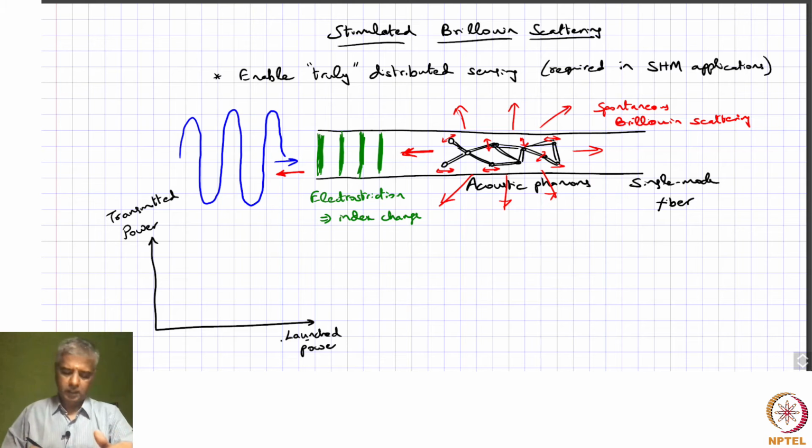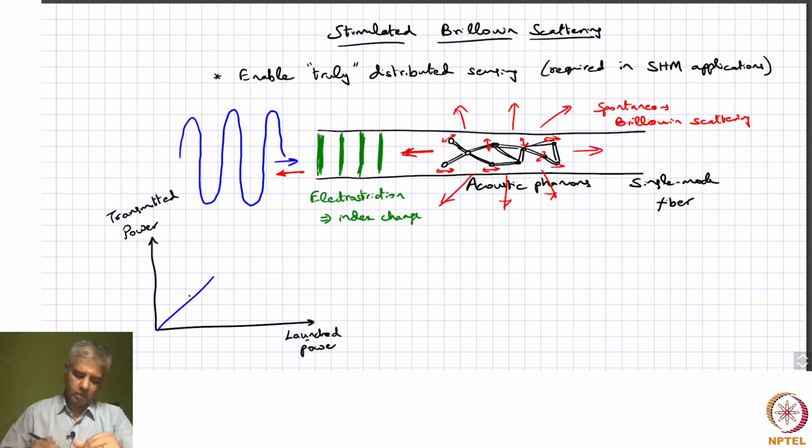We expect this to be linearly increasing, right? As you want to reach longer distances in a communication system, you launch more and more power, so it can withstand whatever attenuation is happening inside the fiber and then reach longer distances.